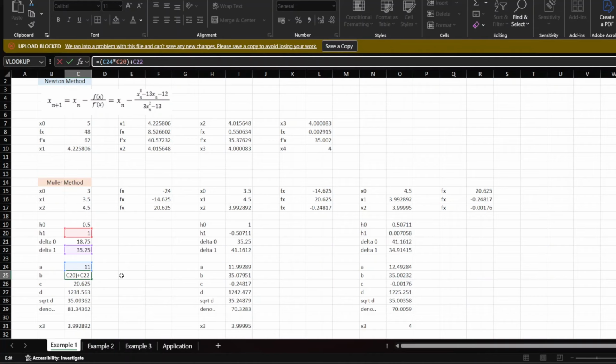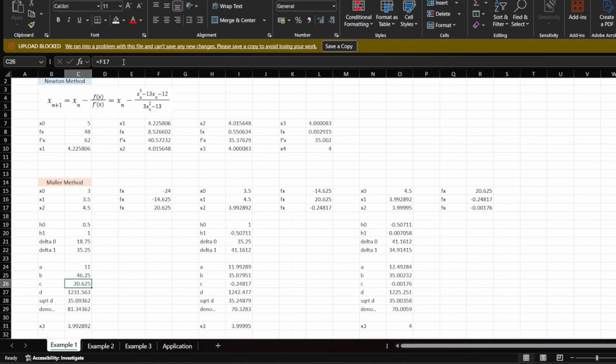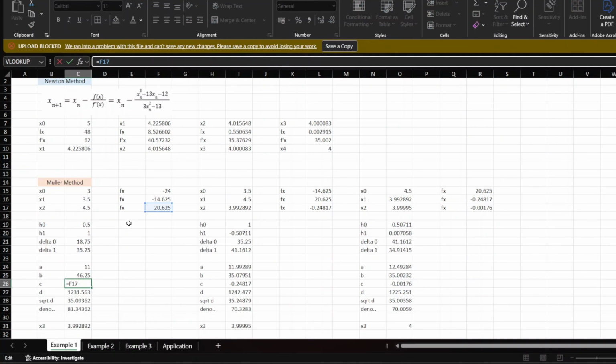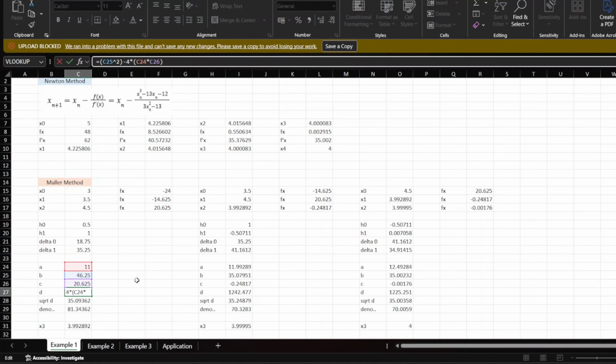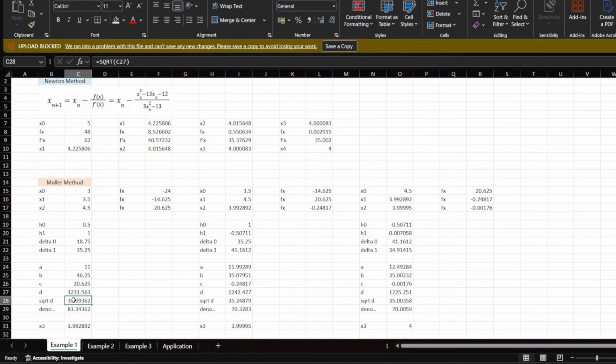So we get B, and then C is the same value as f(x2). So D is using this formula, which is B squared minus 4AC.